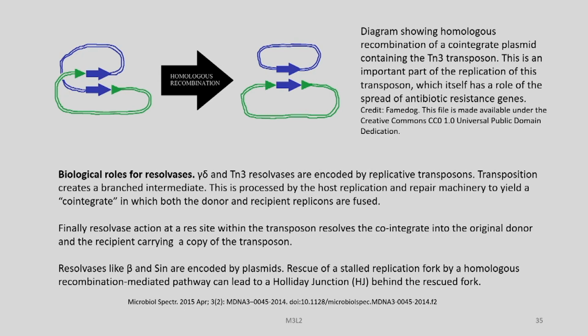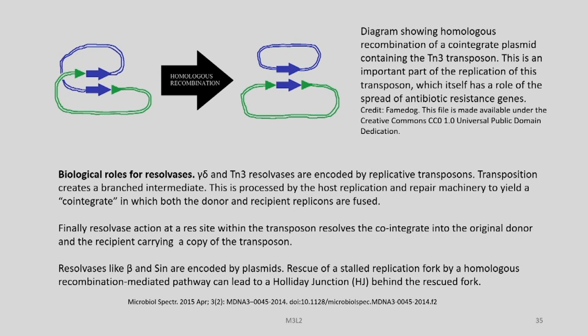This is processed by the host replication and repair machinery to yield a cointegrate in which both the donor and recipient replicons are fused. Finally, resolvase action at a res site within the transposon resolves the cointegrate into the original donor and the recipient carrying a copy of the transposon. Resolvases like Beta and Sin are encoded by plasmids.